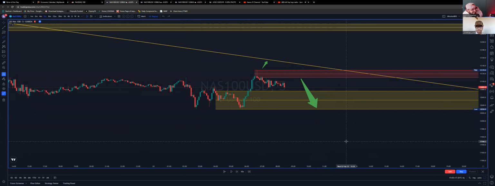So this is what we do every day. We're looking for key levels, 4-hour gold bars or wick fills, 30-minute wick fills, areas of interest or areas that are significant turnaround reversal points. And then we wait.